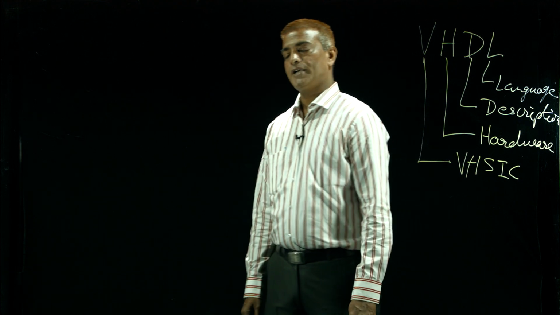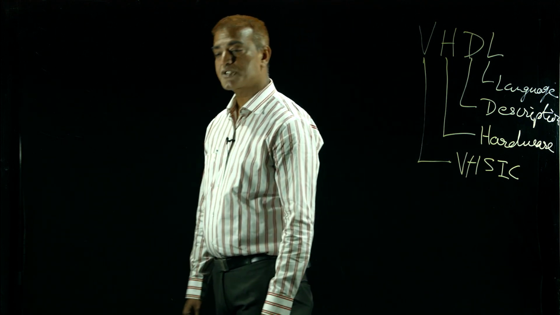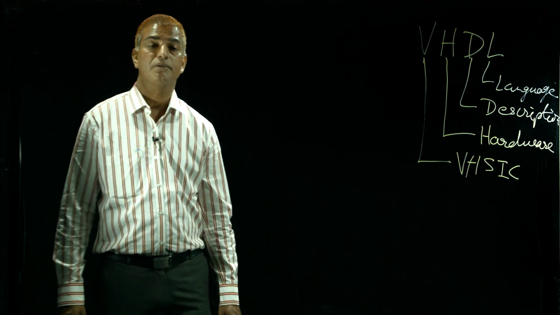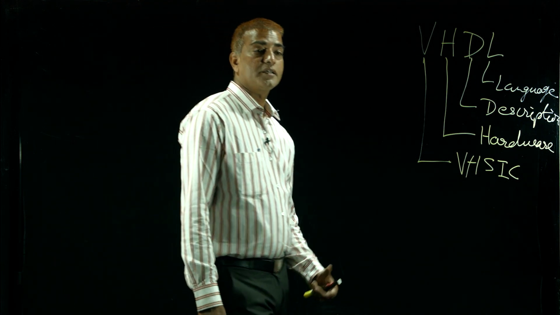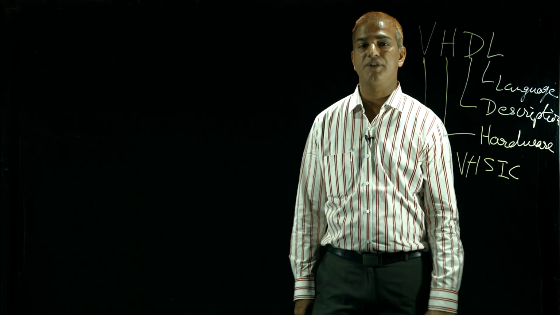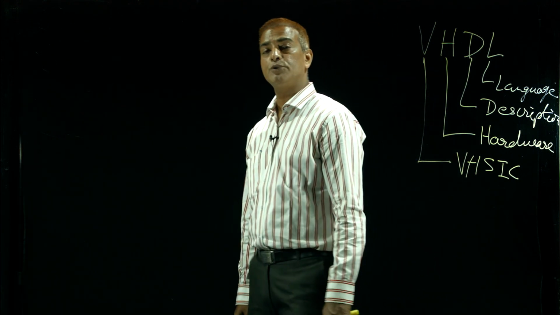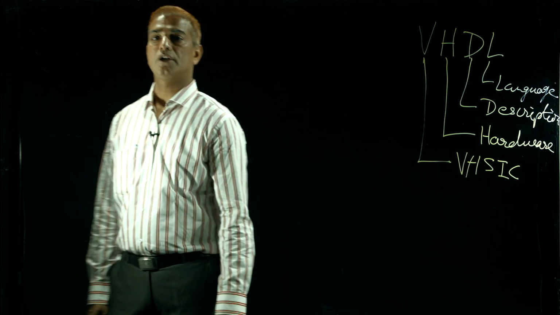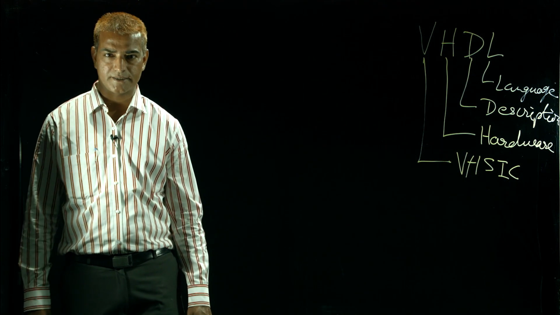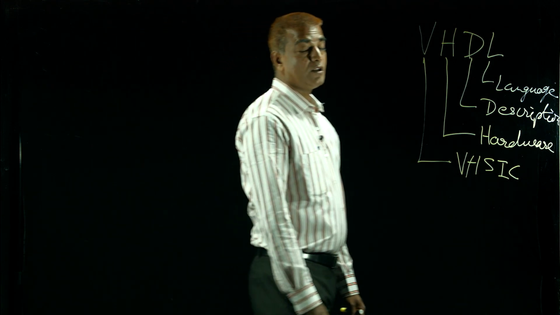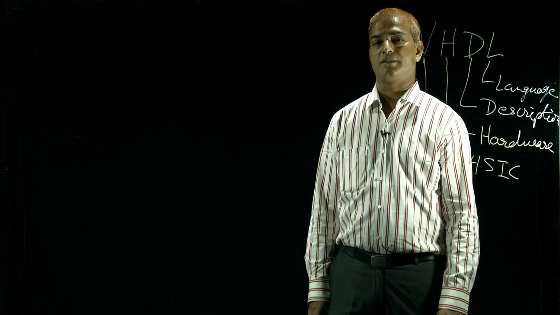The second way of writing VHDL programming is the structural way of writing. In this programming, one can take the standard packages of the VHDL libraries which are available, and by making use of these standard packages, one can design a digital circuit. The third way is the behavioral way of writing a VHDL program.